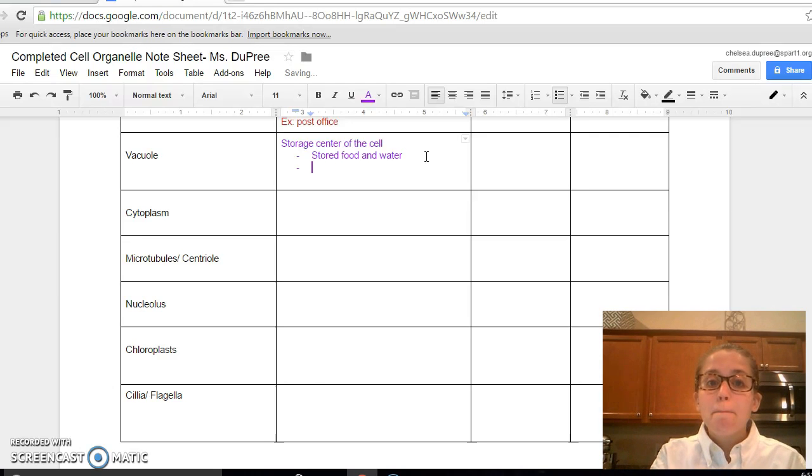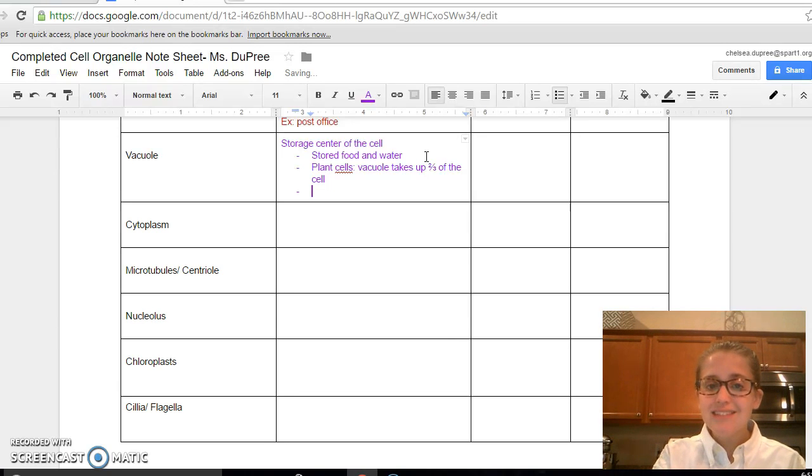But in plant cells, the vacuole takes up 2/3 of the cell. Okay, that's huge. He's going to take up most of the space inside a little tiny plant cell.